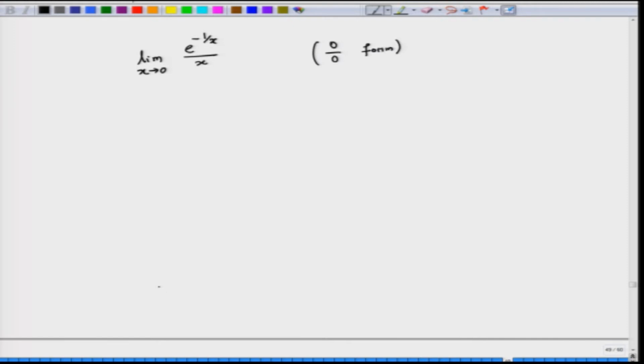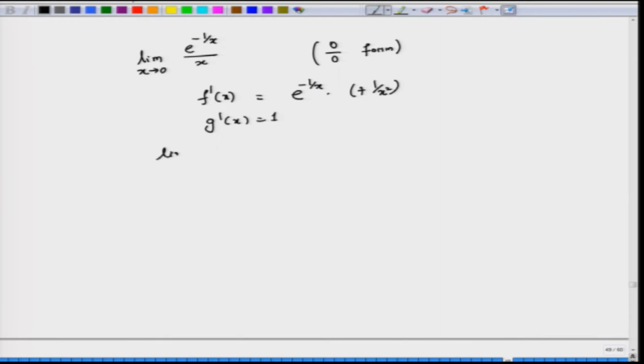So, now if I want to apply it repeatedly, if I take f prime of x, then this is going to be e to the power minus 1 by x into minus 1 by x square into negative 1, and g prime of x is equal to 1.